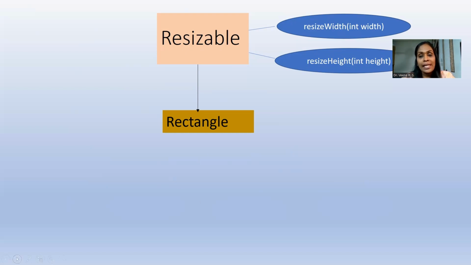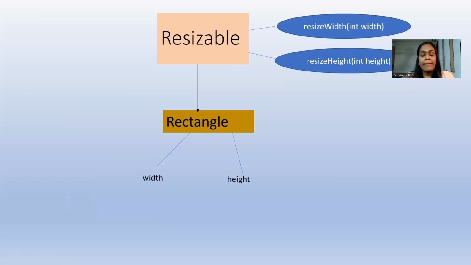And what can rectangle have? As it is a subclass implemented from resizable, it is a must that resize width and resize height be overridden in rectangle. Other than these two methods, you can also have any number of additional methods, instance variables or constructors in the given class.